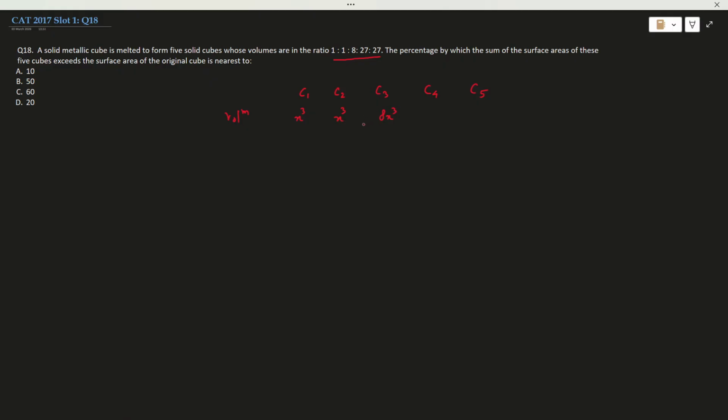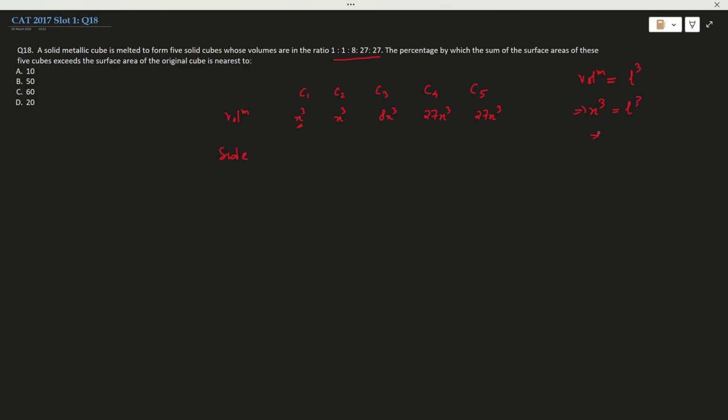You will understand why I'm taking x cube. Now what will be the side? So the volume of a cube is side cube, right?